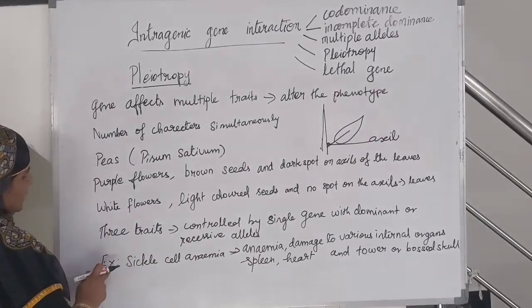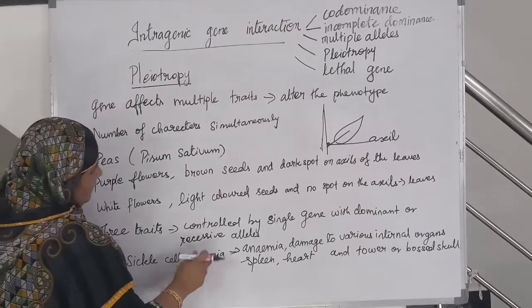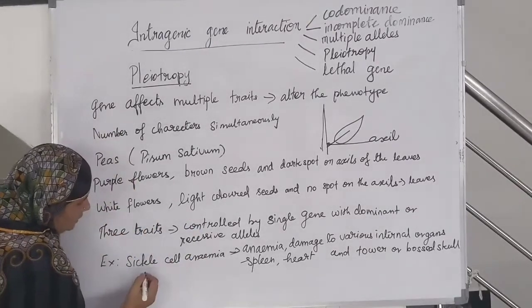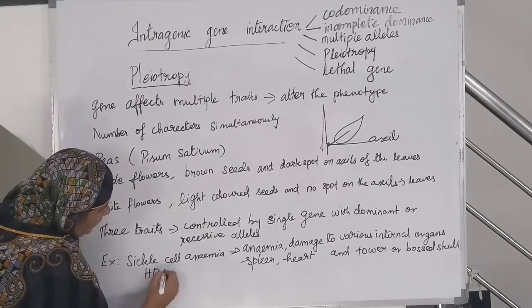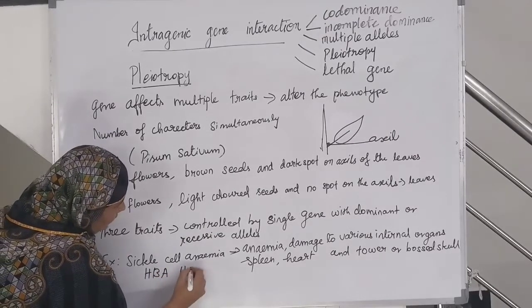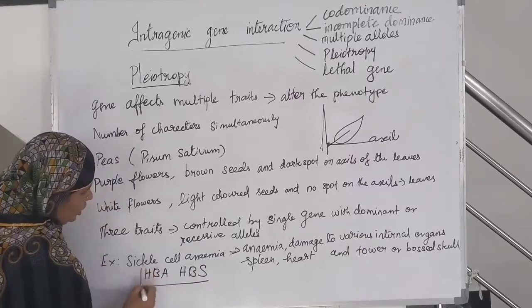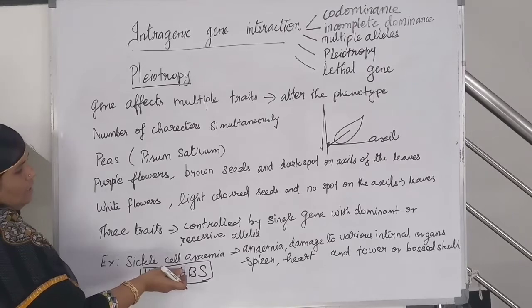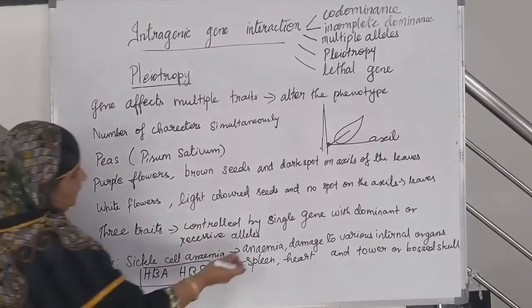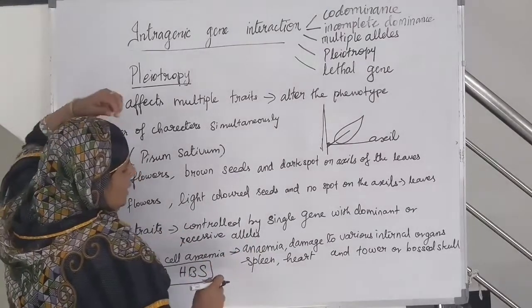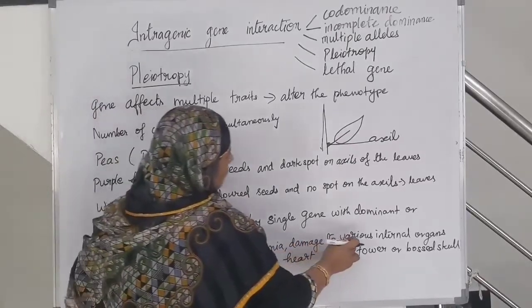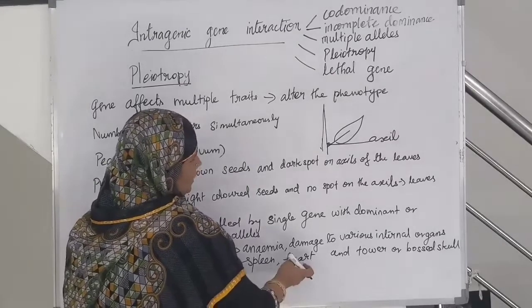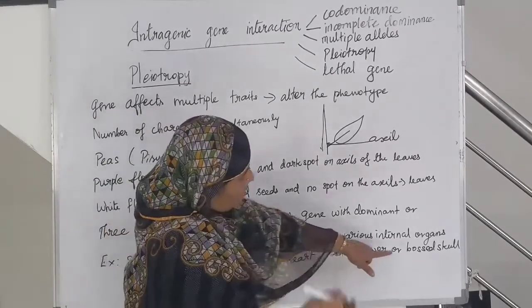Another example is sickle cell anemia. I already told you the genotype for sickle cell anemia, HbA, HbS. This single gene causes many effects like anemia, damage to various internal organs like the spleen and heart, and also a tower or bossed skull.